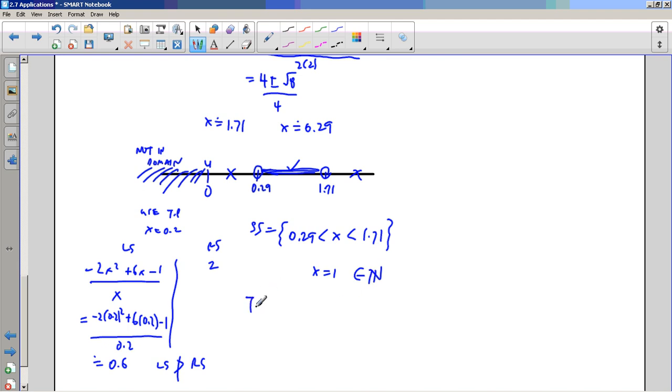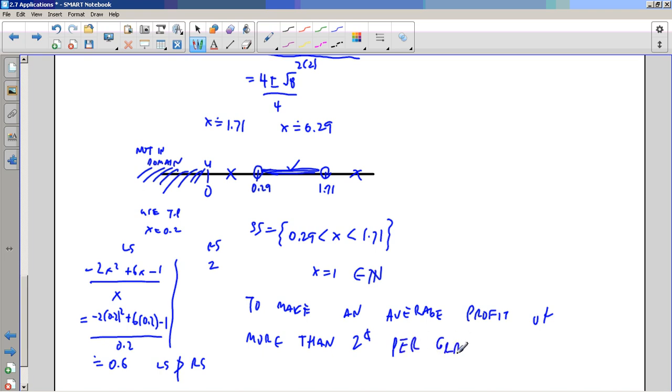And in fact, to make an average profit of more than 2 cents per glass, Ferd should make 1 glass of lemonade. That's it. 1 glass. Poor Ferd.